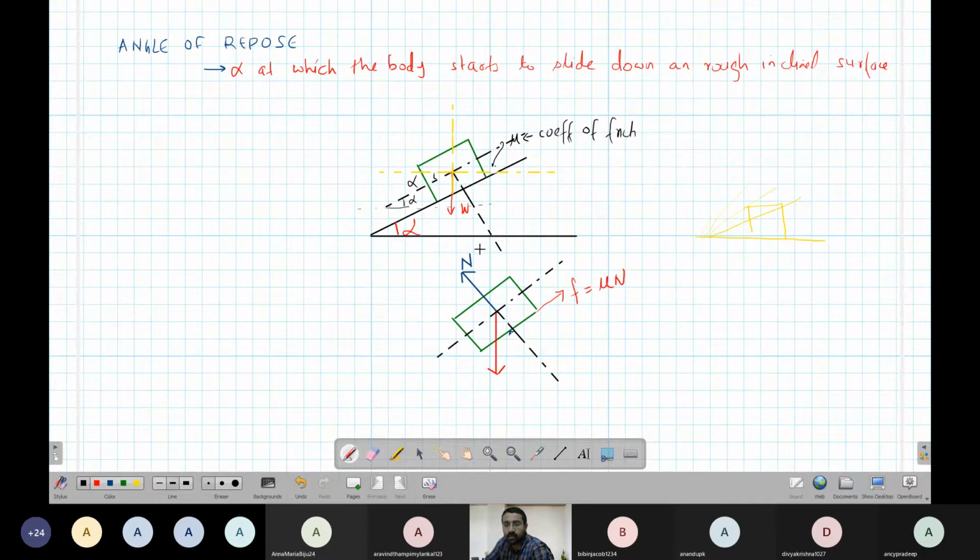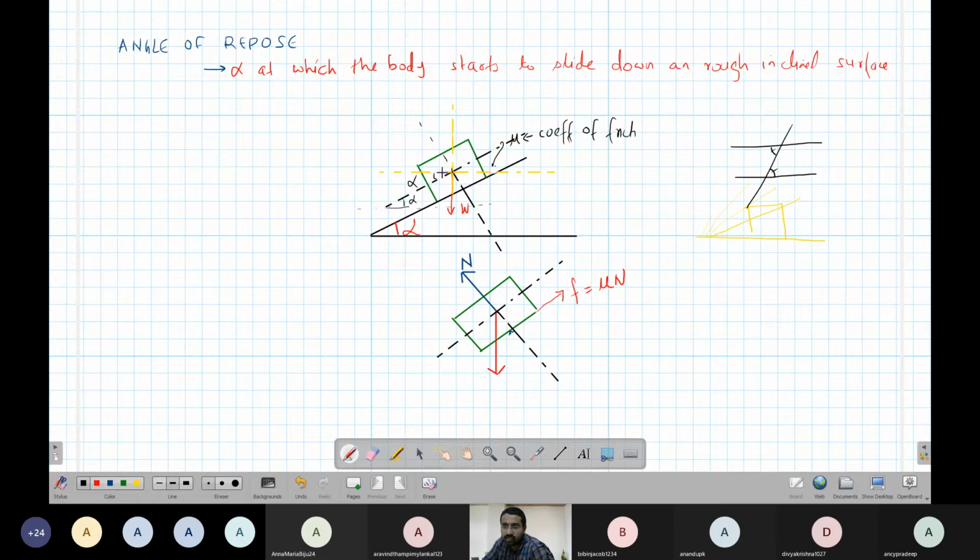Now I'll extend this also. So this angle is alpha, means this angle is alpha. If you have two parallel lines and a line crossing them, these two opposite interior angles will be the same. Similarly, there is a horizontal line here, there is a horizontal line here, there is an inclined line. So if this is alpha, this is also alpha.